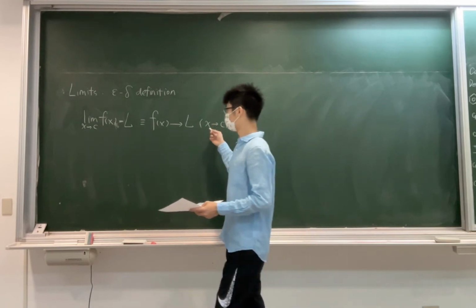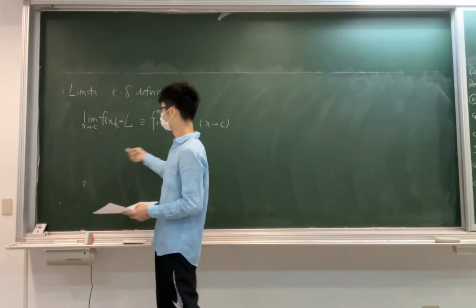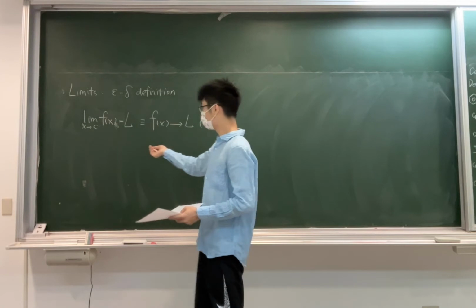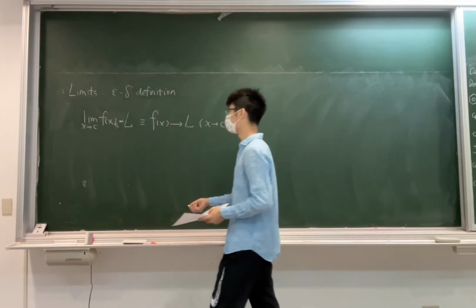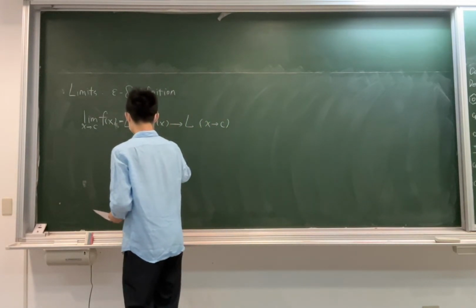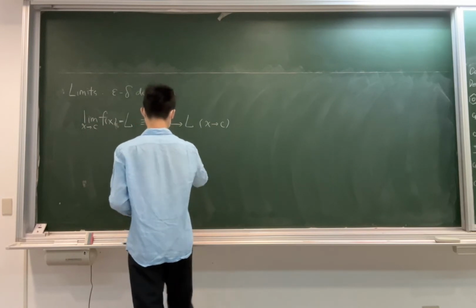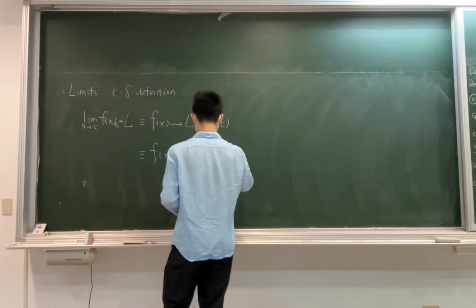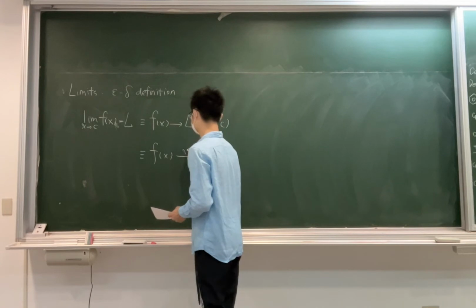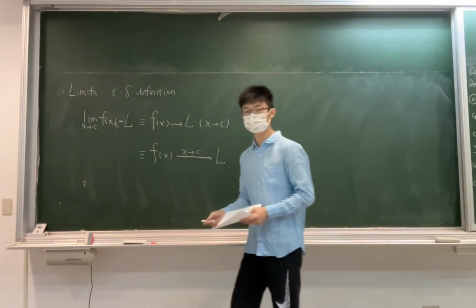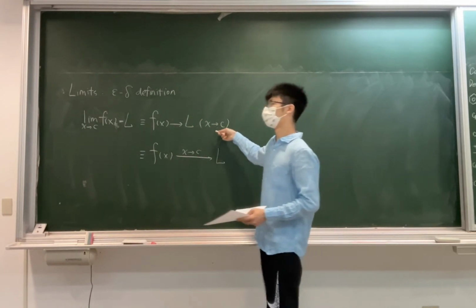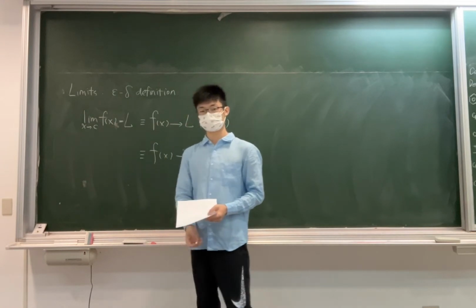This is equivalent to limit x to c, f of x equals capital L. We have another notation as well: f of x approaches L when x approaches c. So these three things are the same.